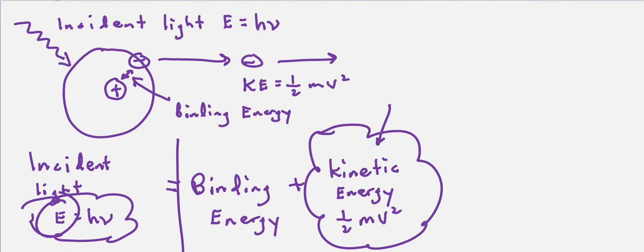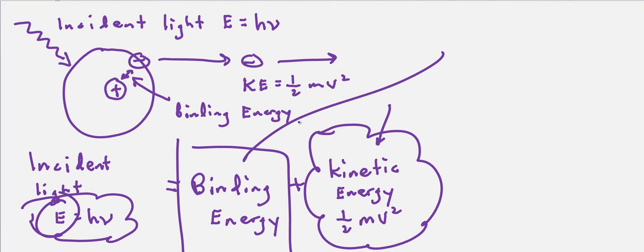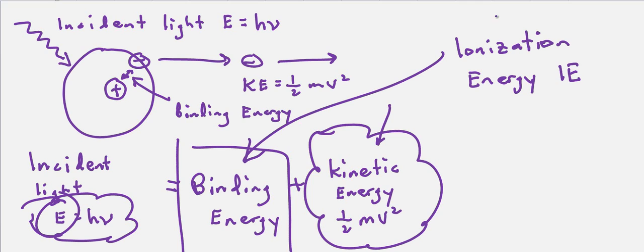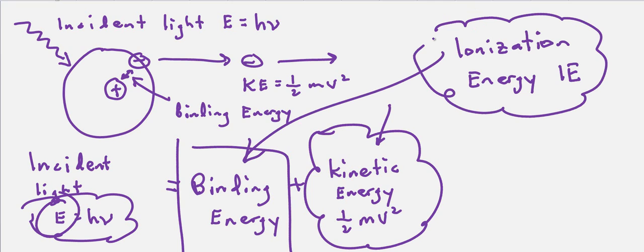This then lets us get values for the binding energy, or the energy that holds an electron to the nucleus. The binding energy is sometimes also referred to as the ionization energy, which is the amount of energy necessary to strip an electron off of an atom and turn it into an ion.